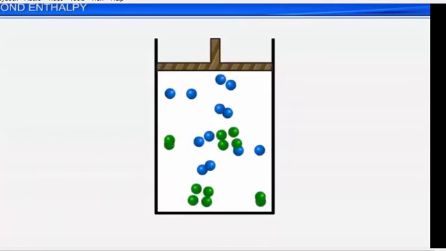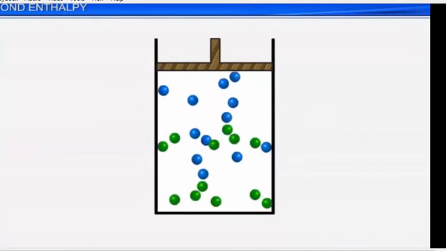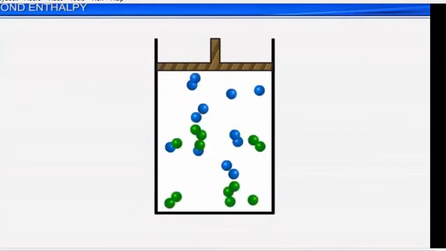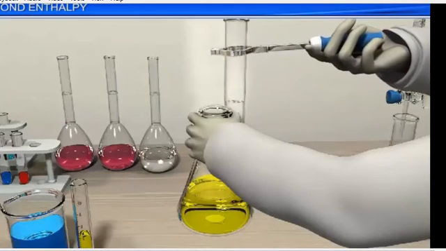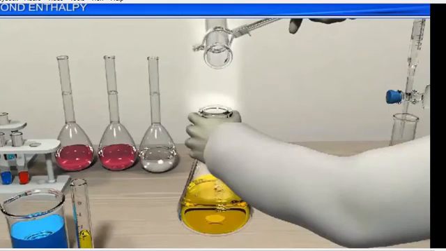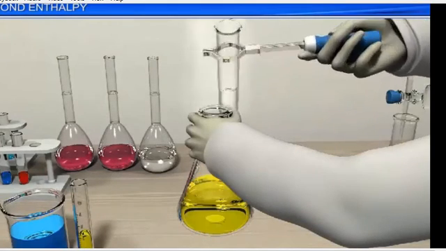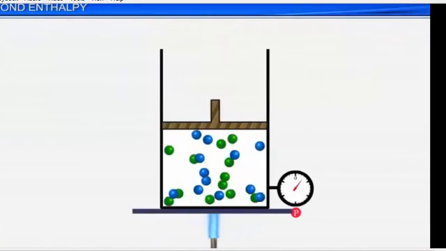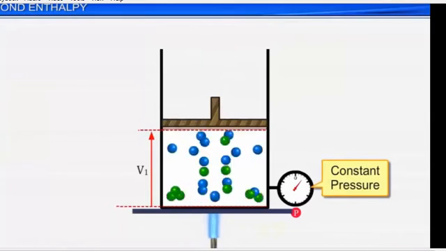We have learned that if a process is carried out at constant volume, then the heat content is the same as the internal energy as no work is done. But most of the chemical reactions are carried out at constant pressure and not at constant volume. When a reaction is performed under constant pressure, then it may involve change in the volume.